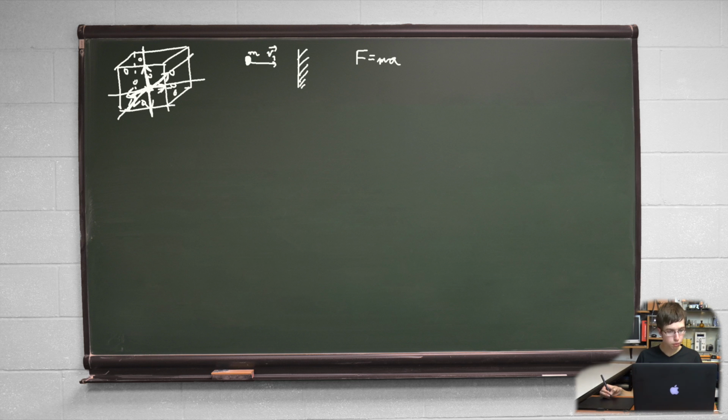Since acceleration is the change of speed in a time interval, we get F equal to ma equal to m times the change of velocity over the change of time, so the time interval. From this we get that F times delta t is equal to m times delta v, thus J is equal to P, where J is impulse and P is momentum. This relation is known as the impulse-momentum theorem.